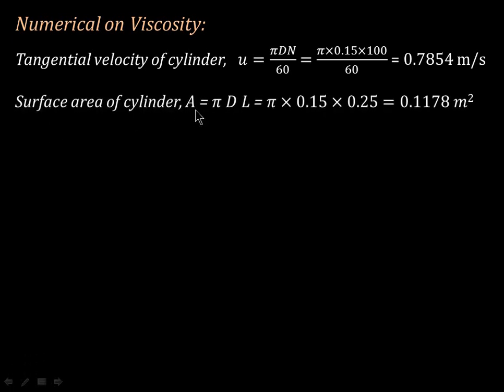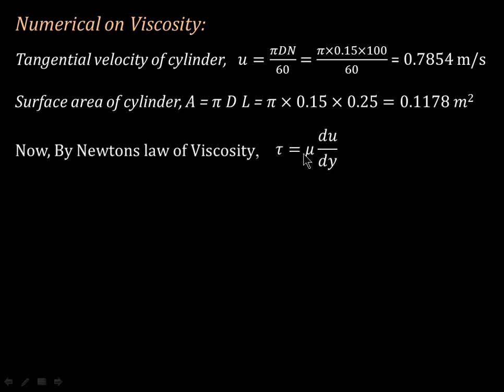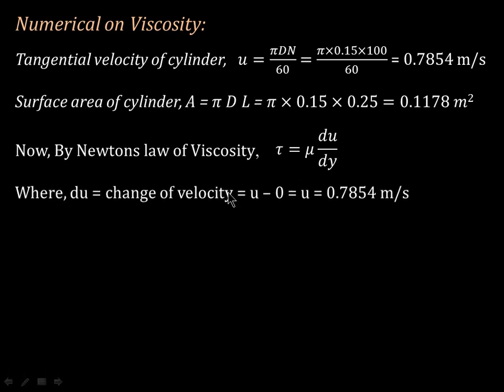Now the surface area of the cylinder. Area of cylinder is pi D L. Putting the values, pi into 0.15 into 0.25 equals 0.1178 meter square. Now by Newton's law of viscosity, we have tau equal to mu into du by dy, where du is the change of velocity, u minus 0, u equals 0.7854 meter per second, which we have just calculated.